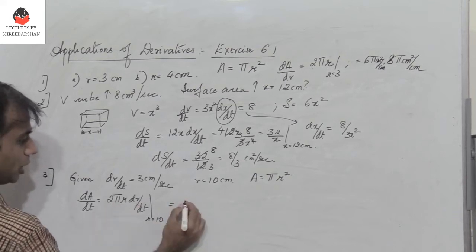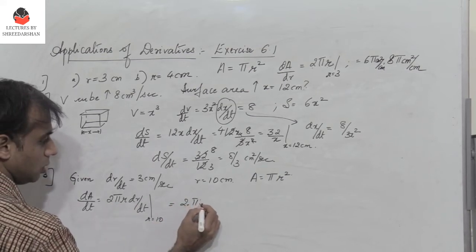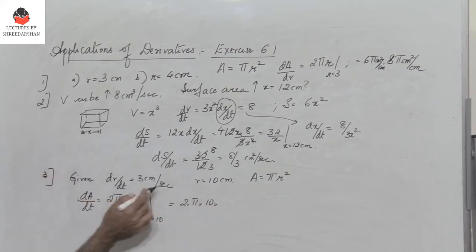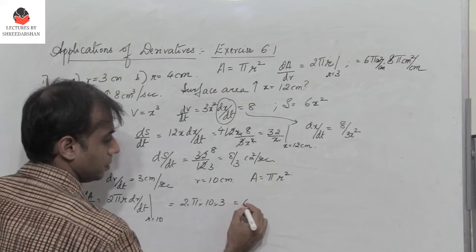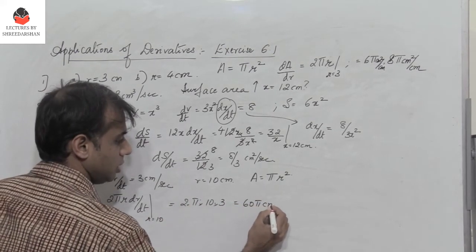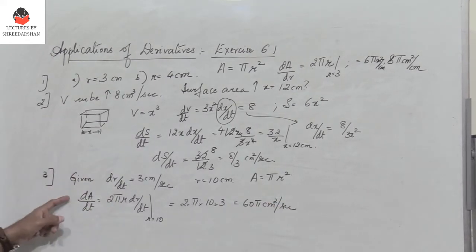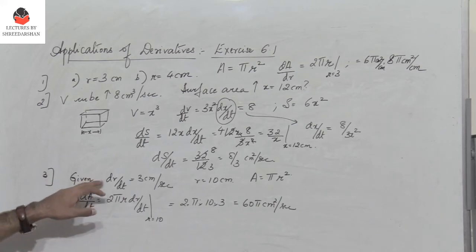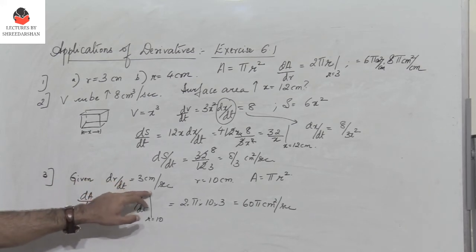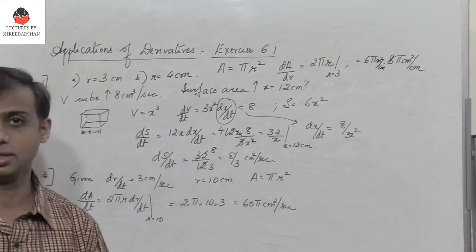Therefore 2 into pi into r, which is 10, into dr by dt, which is given as 3. Okay, so we get 60 pi centimeter square per second. So this happens to be the rate of change of area of the circle when the rate of change of radius is 3 centimeter per second and the radius is 10 centimeters.